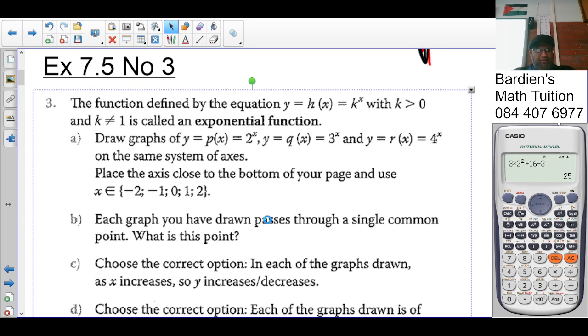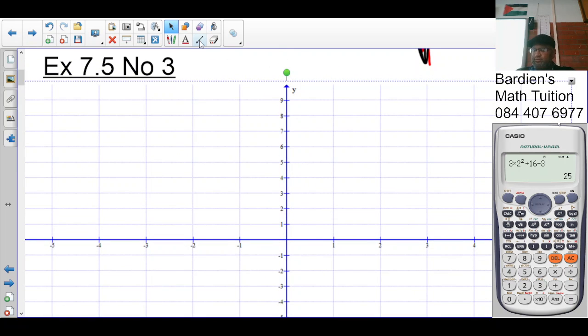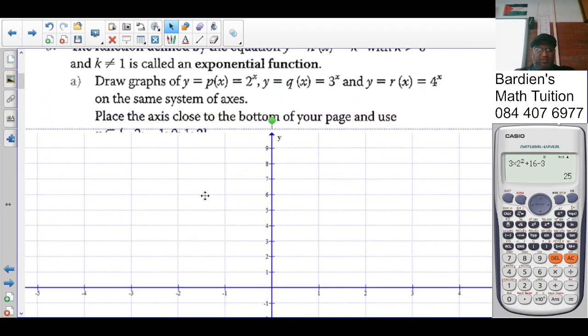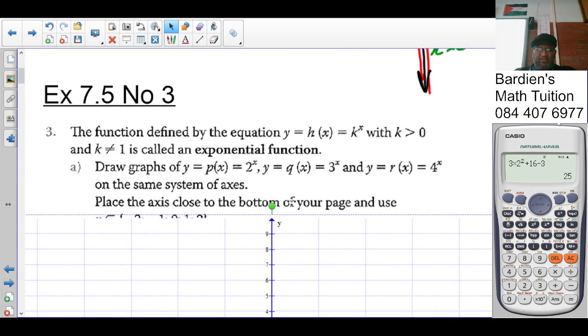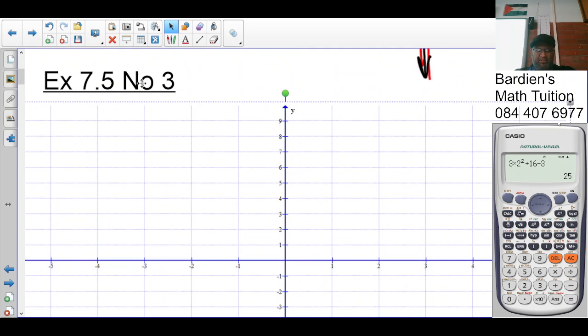So in 7.5, the number 3, they ask you to draw the exponential function, not so? And the exponential functions they asked you to draw were 2 to the x, 3 to the x, and 4 to the x. Okay? So I'm just going to change this a bit, because everything happens above the line.